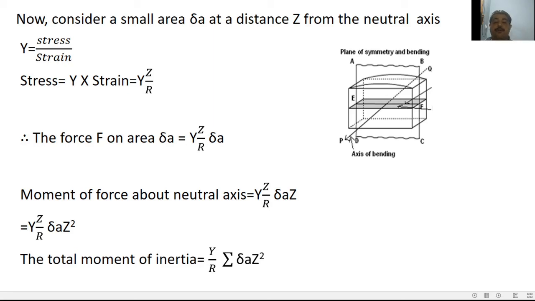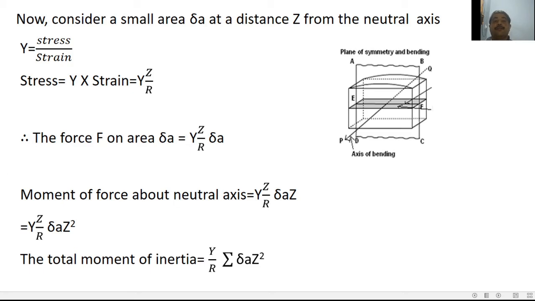The moment of force about the neutral axis is given by Y into z by r into delta A into z. The moments of force acting on both the upper and lower half of the section are in the same direction.